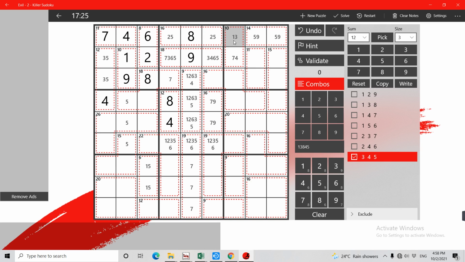And I think I have made an error somewhere. Most likely when I marked the 6 and 2, that's where I made an error.